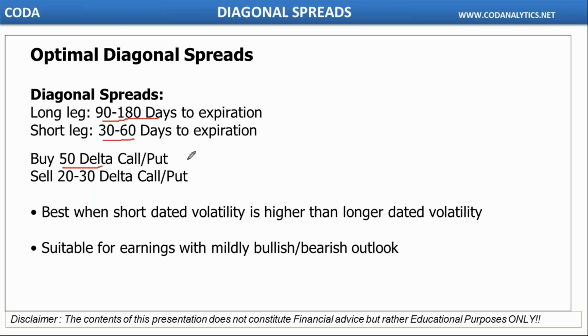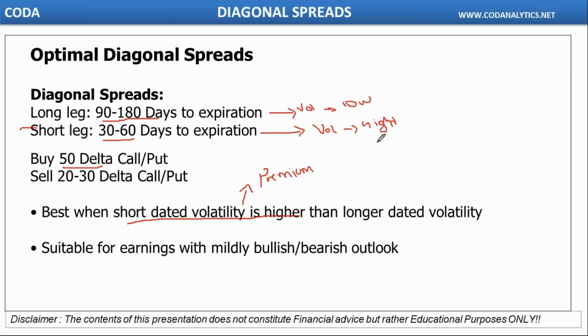Then it's also best when short-dated volatility is higher than the long-dated volatility, because when the short-dated volatility is higher, we'll be paid more premium on the sell side. So for the short leg we want the volatility to be high, and for the long leg, you want the volatility to be low.